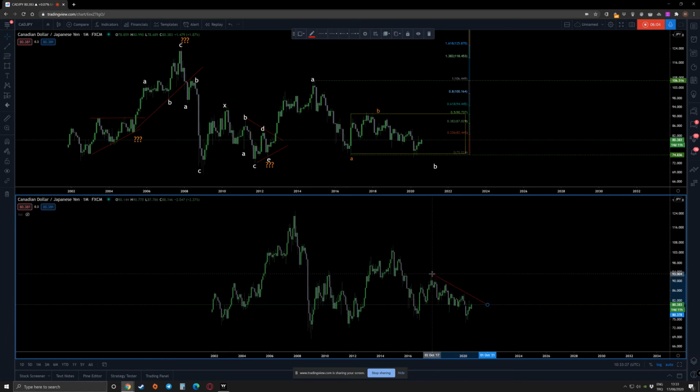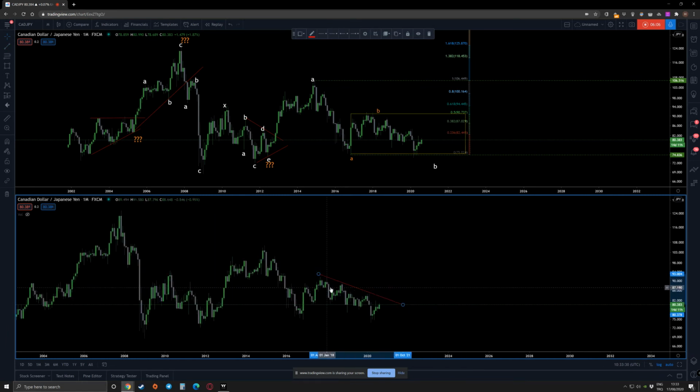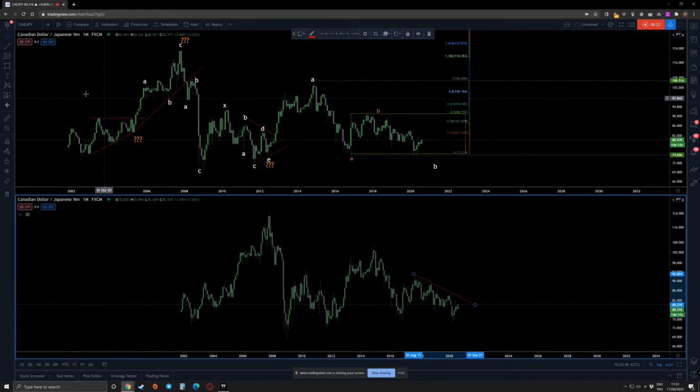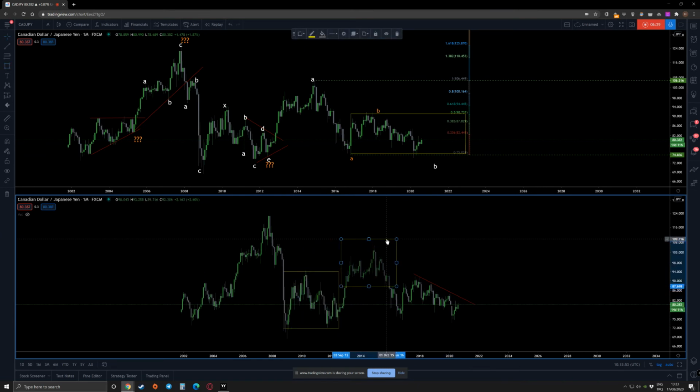From the monthly perspective, until we have a close above this trend line, the main focus is still bearish, and I'm sure, like everyone else, you can see this head and shoulders pattern. This is the left shoulder, this is the head, this is the right shoulder.